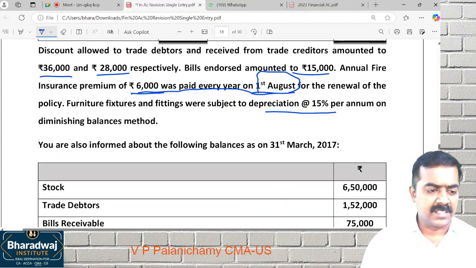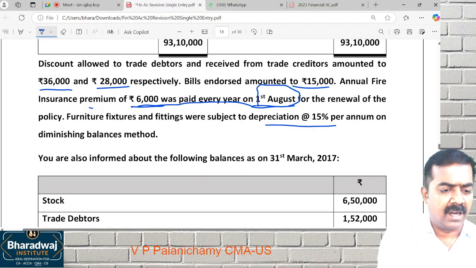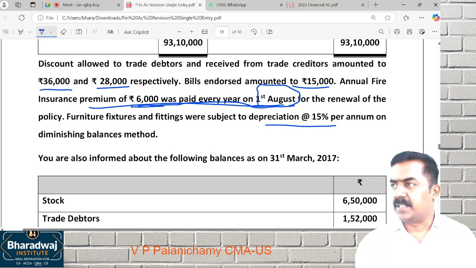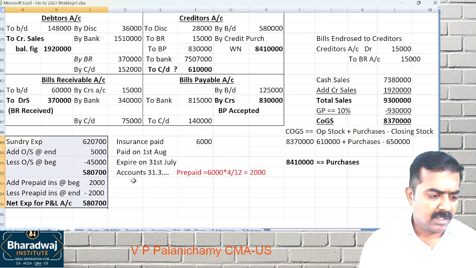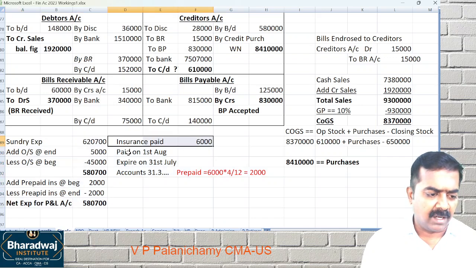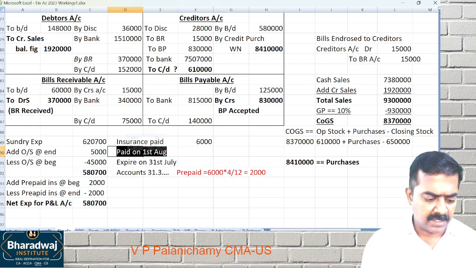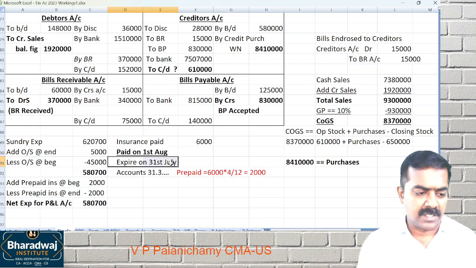No, but an adjustment says it is paid every August, which means sundry expenses include the insurance premium paid. Insurance is paid on 1st August, expires after 12 months on 31st July.